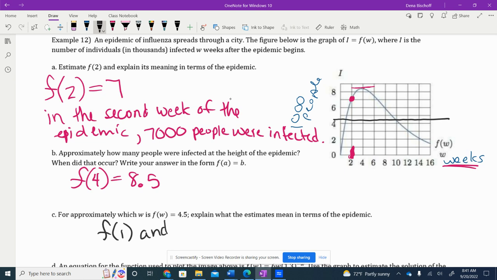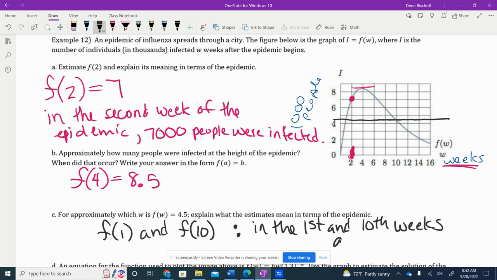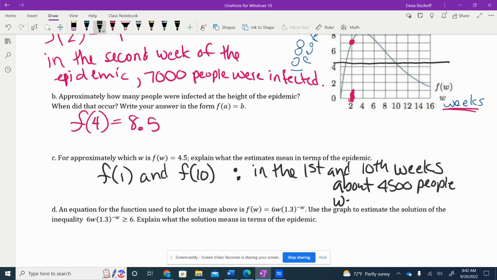And what's the other one? F of 10. So what does this mean? This means in the 1st and 10th weeks, about 4,500 people were infected.